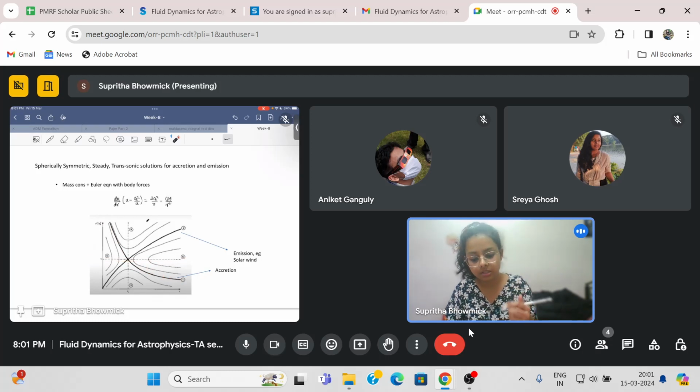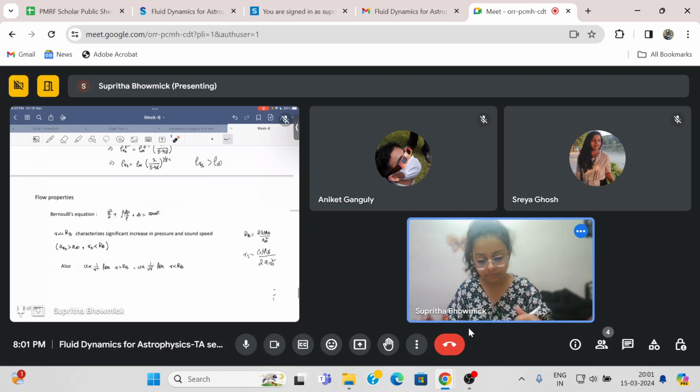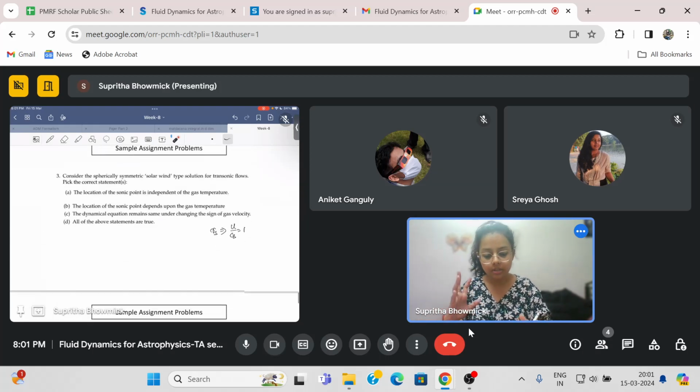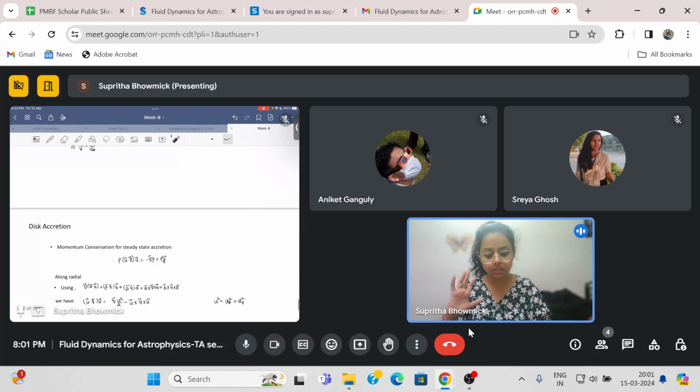If gamma remains constant, when the fluid is once supersonic, there is no other sonic point in this region. So if you develop a shock front, there's no other way for you to get back this transonic flow. So this whole solution is ruined. To get back a transonic flow, you need radial dependence of gamma. That's how you can allow a shock front to develop in transonic flows.